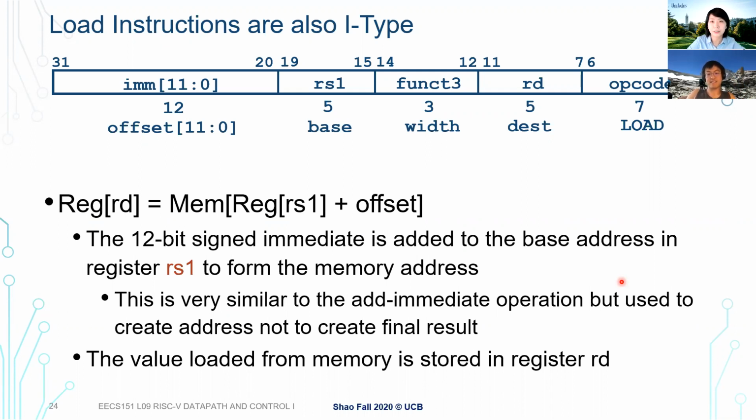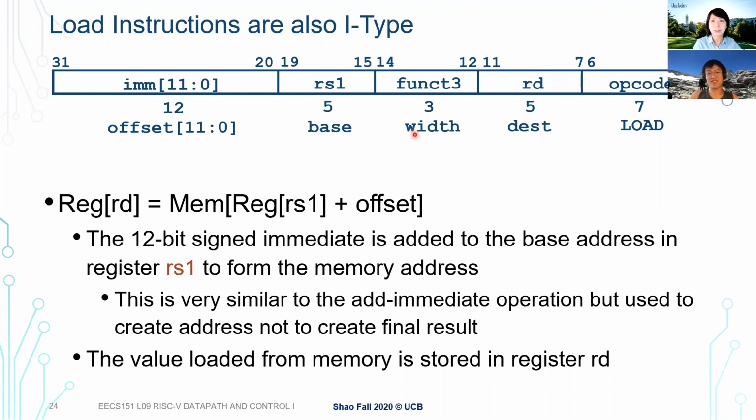In fact, the load instructions follow the same format as the arithmetic I-type instructions we saw earlier. Very similar, we have our opcode, but now we use the load opcode to specify that we're doing a load operation. Again, we need to update our register, so we specify the destination register. And we have this func3 field.